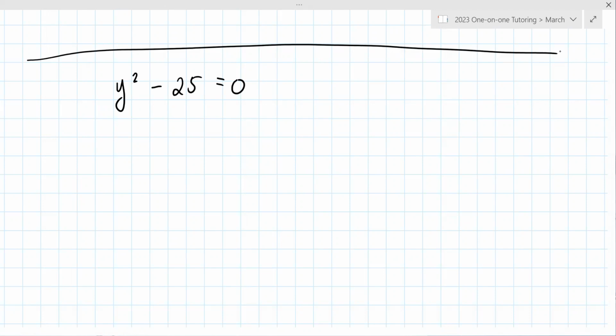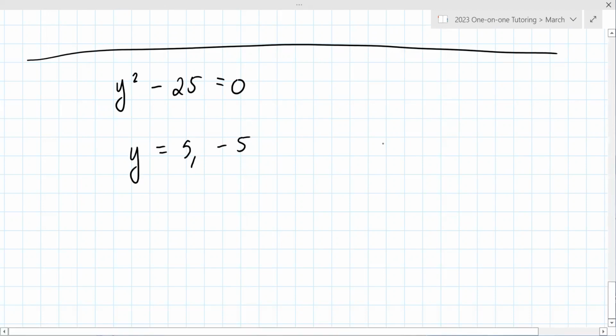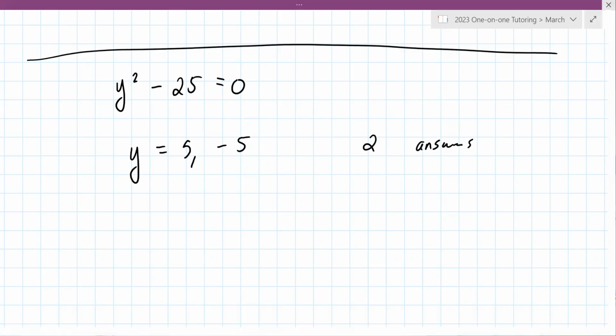I got y equals 5 and y equals -5. Yes. And there have to be two answers. These are all quadratics. They all have two answers. There's never a situation where there's only one.